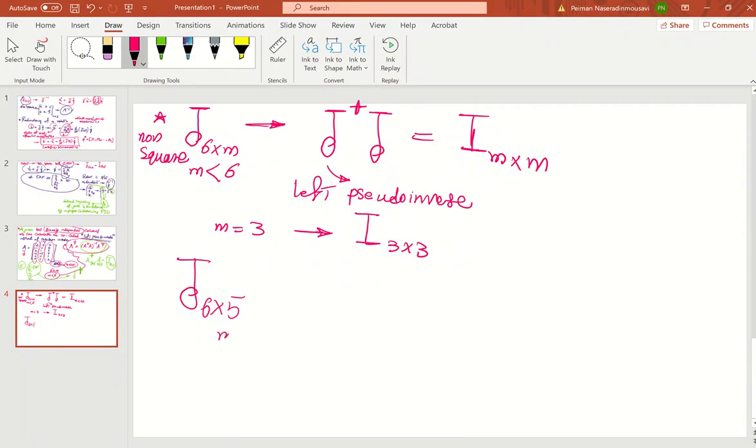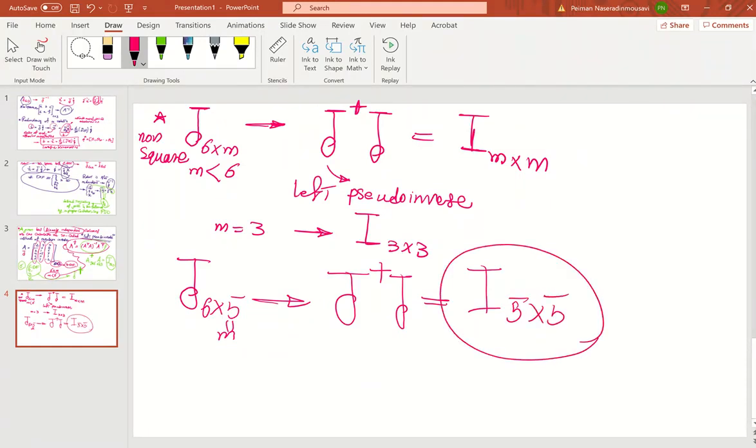Your m is 5. So the left pseudo inverse, sorry guys, is going to give I of 5 by 5. Here we go. So we're going to have identity matrix of 5 by 5. See here?